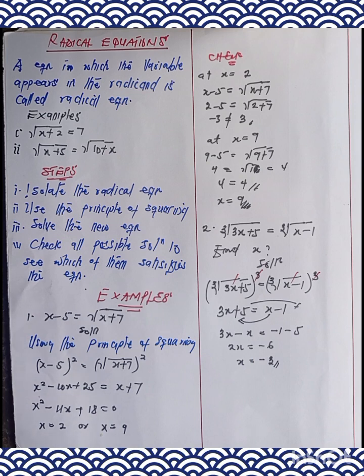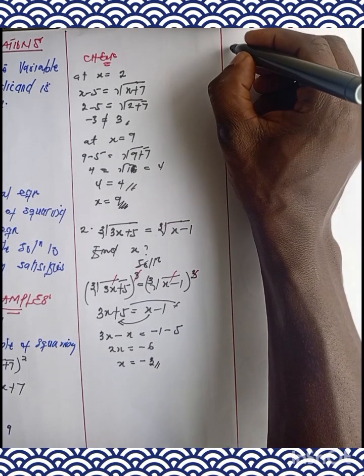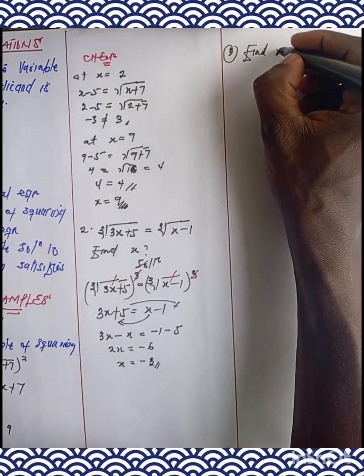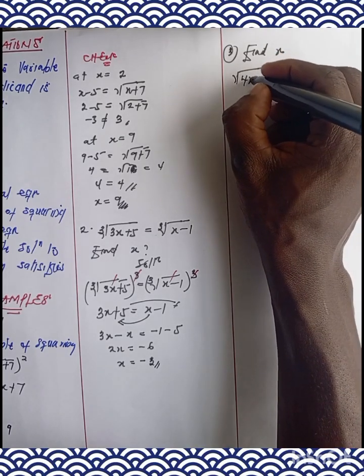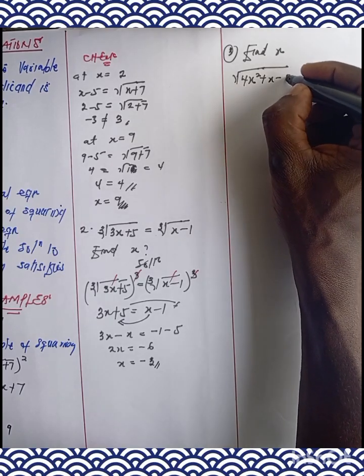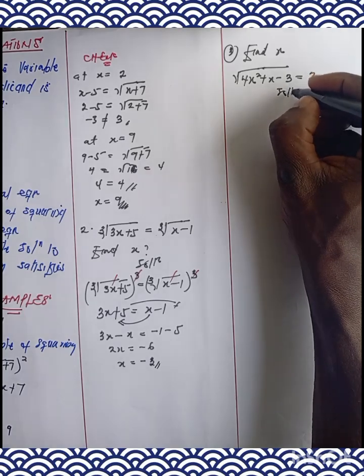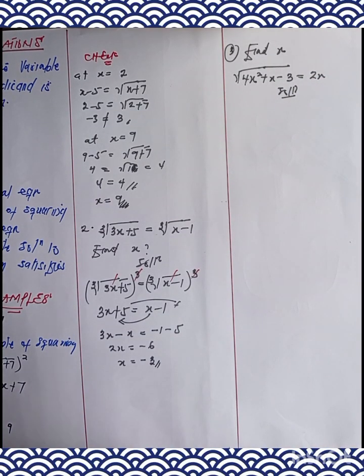So let's try the last example, and then we are good to go. Example 3, that's the last example. You have to find x. So we can still continue by applying our principle of squaring.